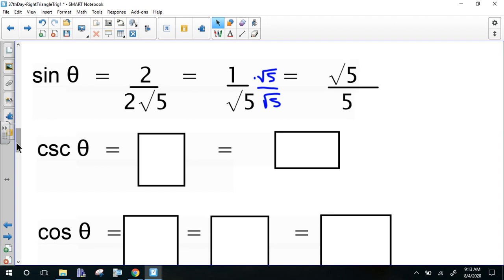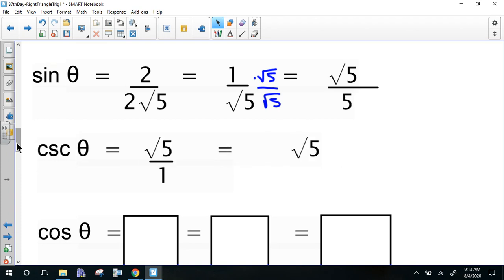Cosecant is the reciprocal of sine, so I flip that one, and it's easier to flip 1 over root 5 than 2 over 2 root 5 because I've already simplified it. Root 5 over 1 is just root 5.